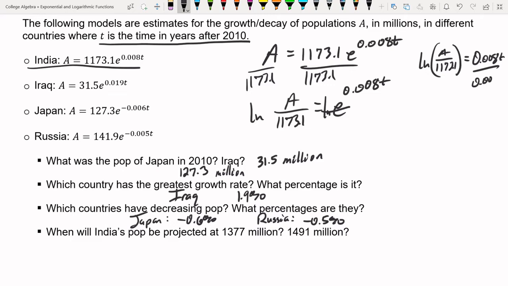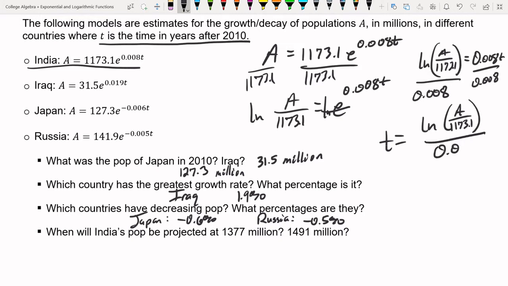Divide by 0.008, giving me t equal to the natural log of a over 1173.1, all over 0.008. Now all I have to do is plug in a equal to 1377 and then 1491 into this new function that I've created, and I can get both of them right off the bat.